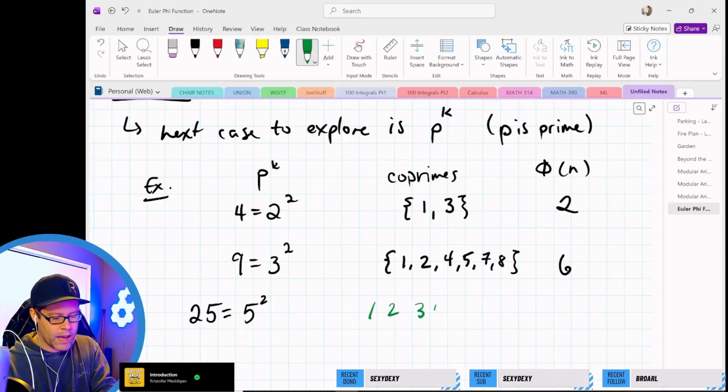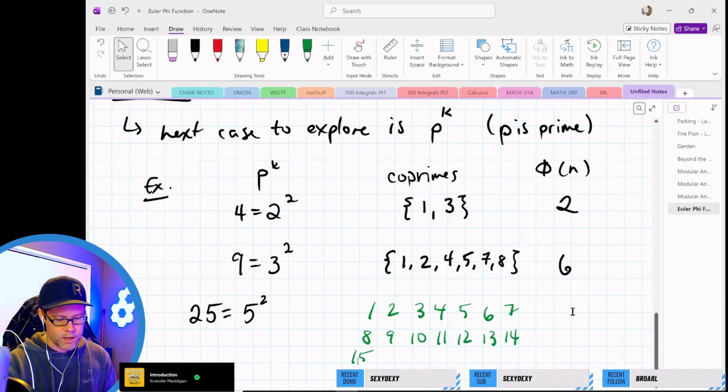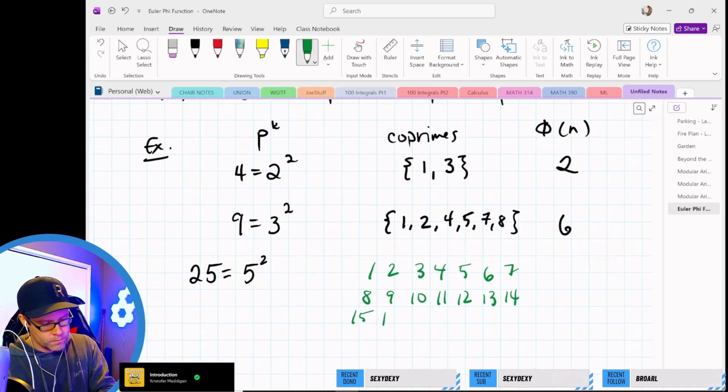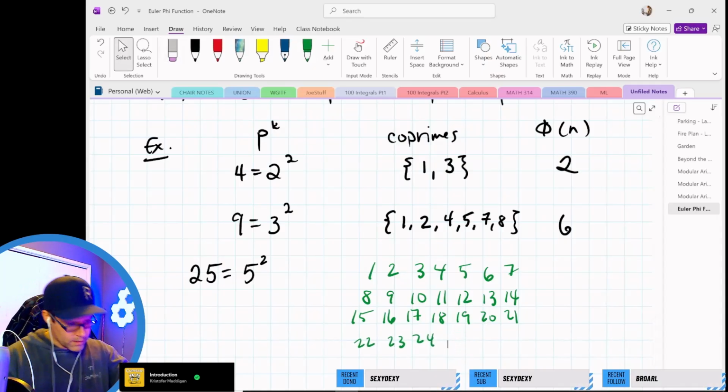So these are all the candidates that I can draw from to create this set of coprimes with 25. Sorry, I don't want to include 25 on that list.